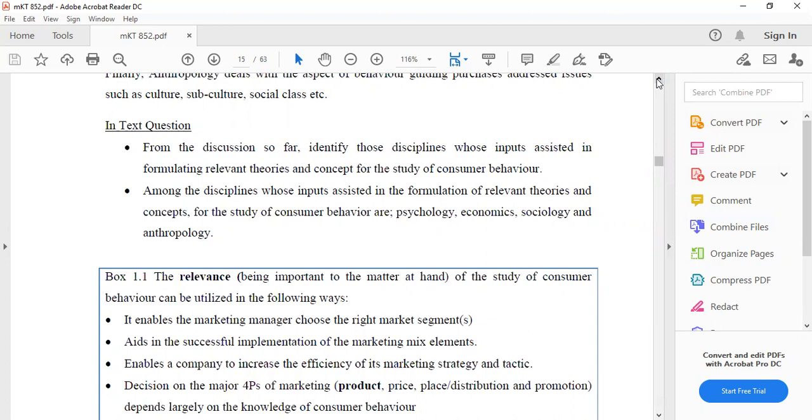For instance, it enables the marketing manager to choose the right market segment, to be able to establish how people behave in terms of the way they look for items, make a selection, purchase and use, and to know the segment of people we are going to target.